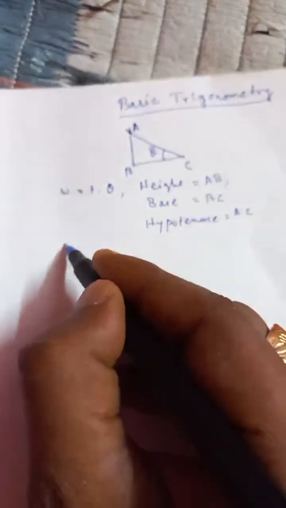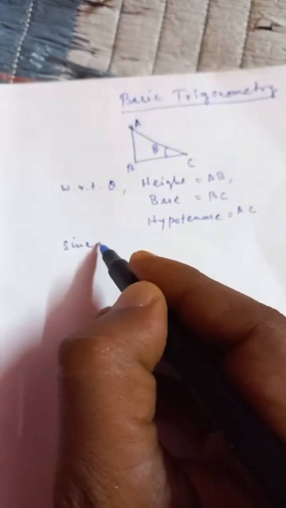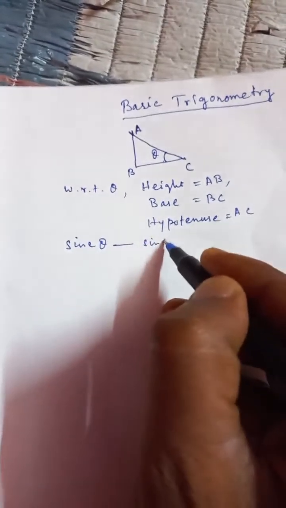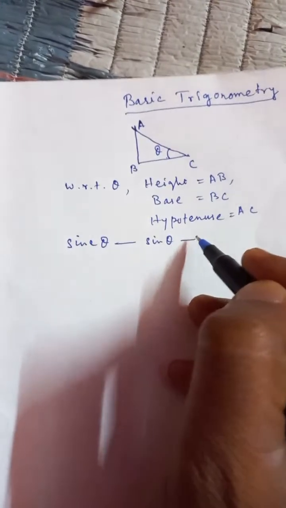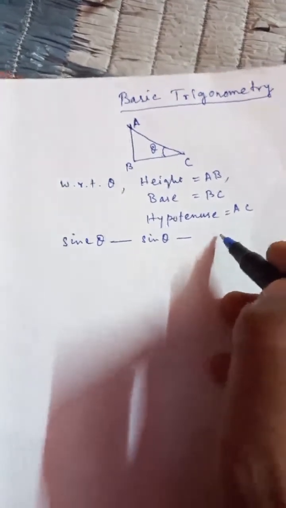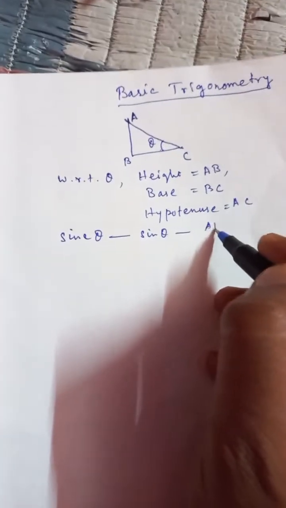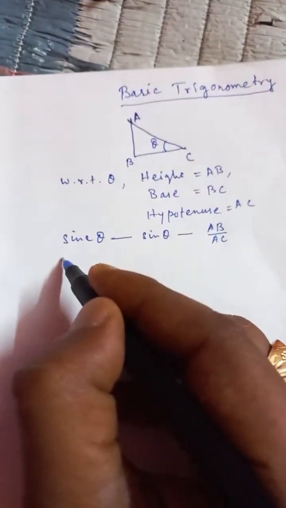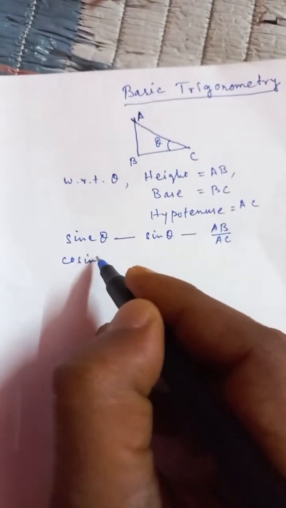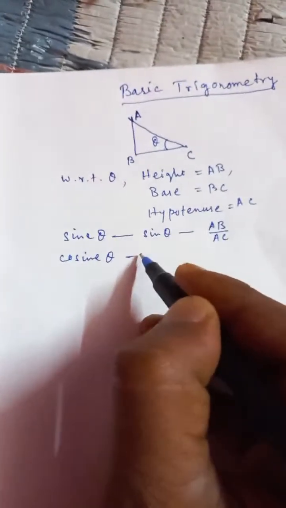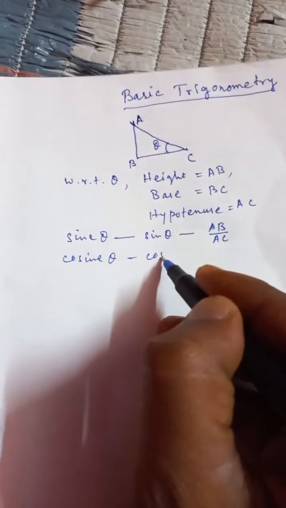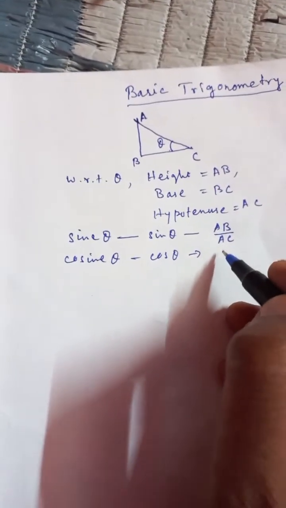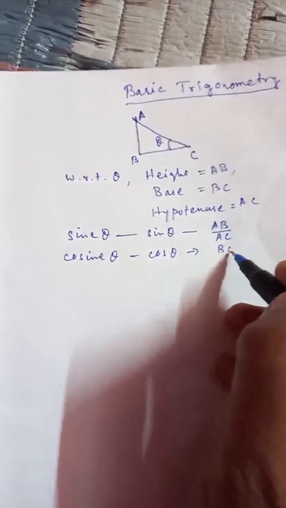Sine theta is equal to height by hypotenuse, AB by AC. Then cosine theta is equal to base by hypotenuse, BC by AC.